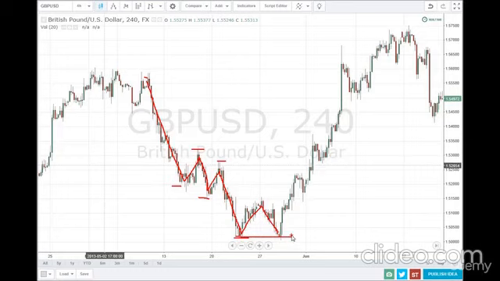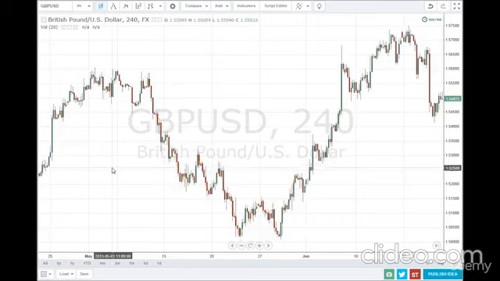But we create a very similar low, price then pulls back, this high is broken, and price is uptrending. A very clear double bottom at the end of a downtrend and the start of an uptrend.